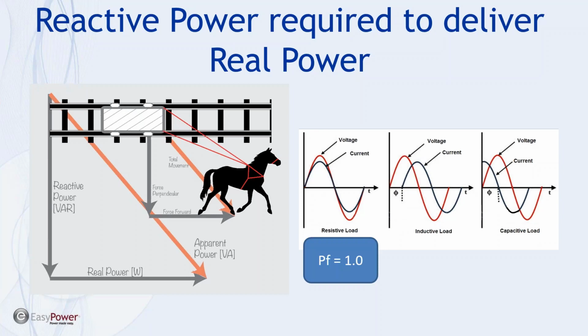And for the most part, with the inductive loads, we have the current that actually lags the voltage, and it's that need to provide reactive power at the point of supply that the utilities were having a problem with.